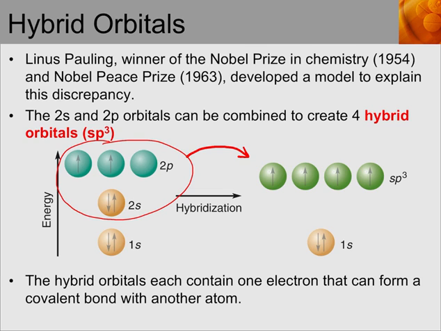So he called these hybrid orbitals sp3 because he combined an s orbital and all 3 p orbitals in energy level 2. Now, this is kind of like, let's say you have siblings, and two of your siblings have to share a room, and then two siblings get their own rooms. Well, that's just not fair.